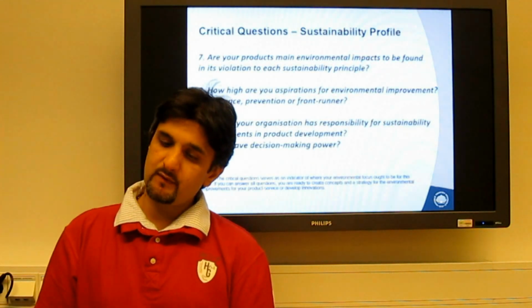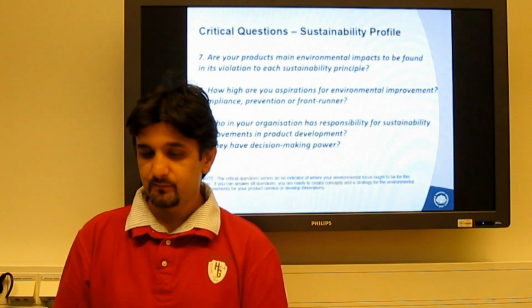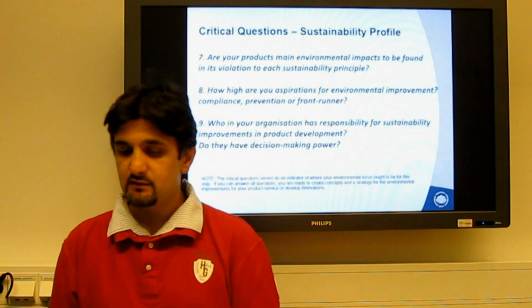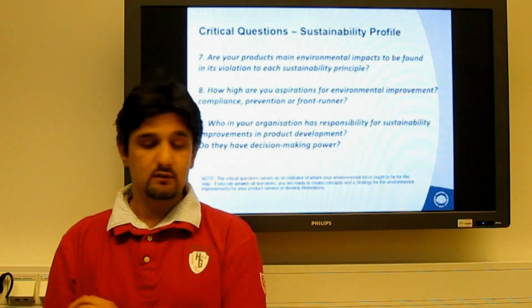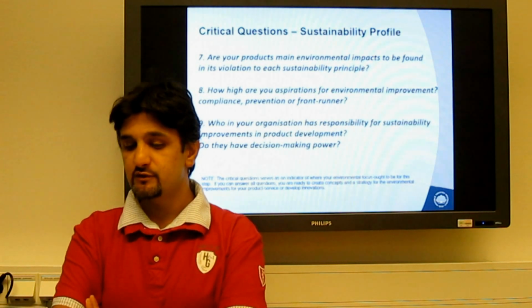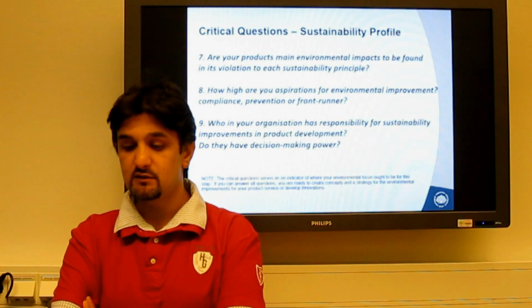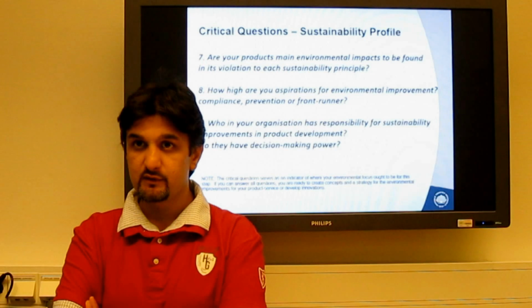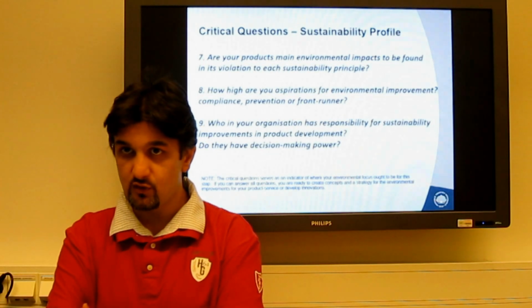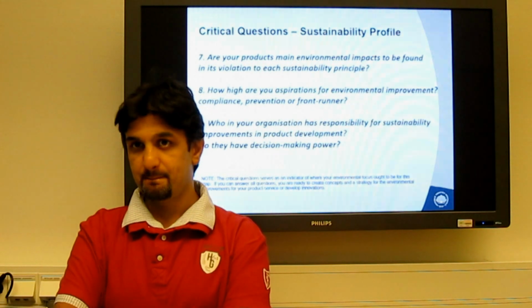How high are your aspirations for the environmental impact? Who in your organization has responsibility for sustainable improvement in product development? Do you have any decision-making power? So these are the things that you need to know in order to overcome your problem.